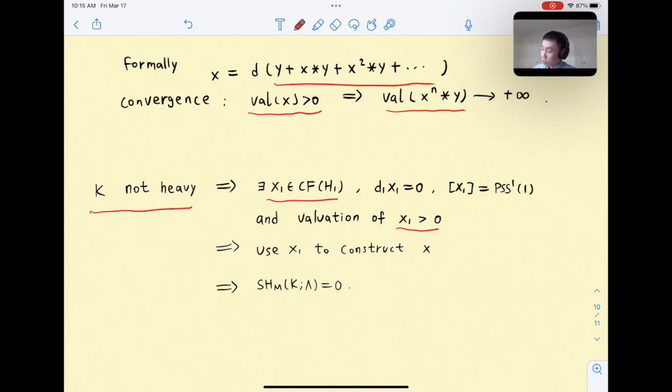So this uses C1, H1 greater than 0. Then the last two steps are to use this H1 to push it into this algebraic model those people constructed, to construct the X, which represents the unit and has positive valuation. Then the above algebraic lemma says this invariant vanishes. So that's the whole proof.